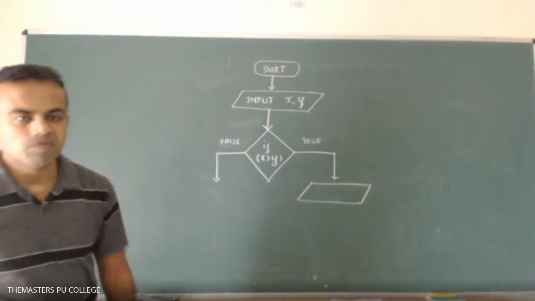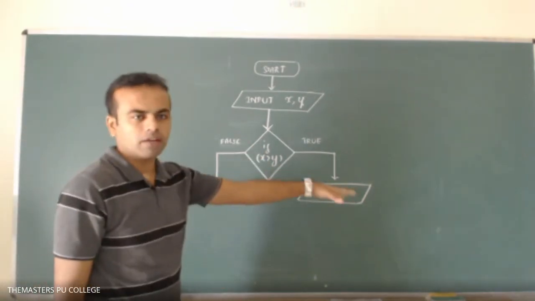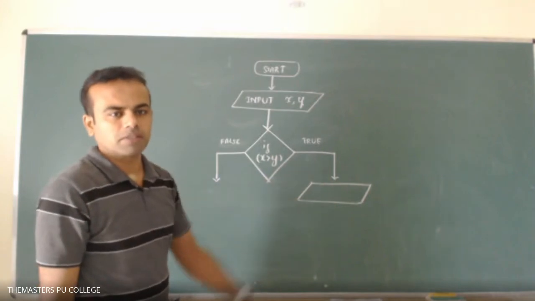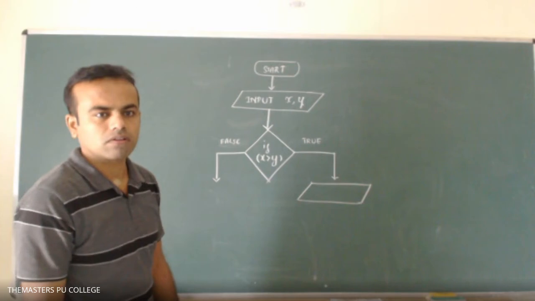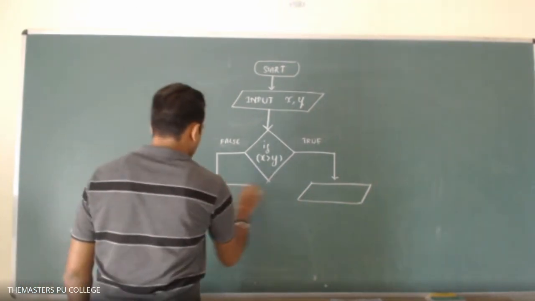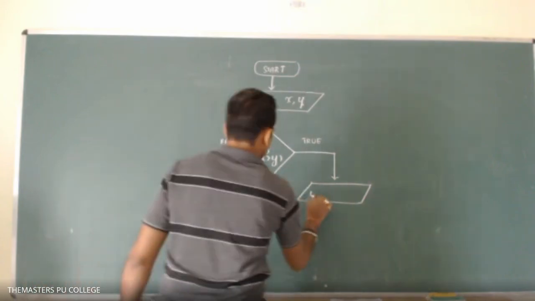Which is the biggest number if x is greater than y? What should be the output here?